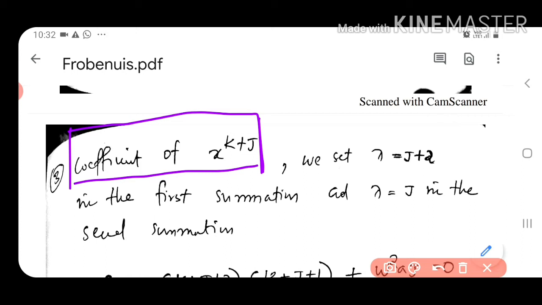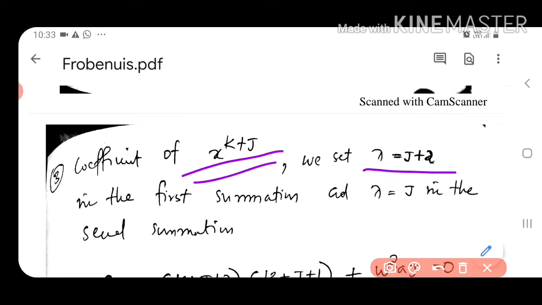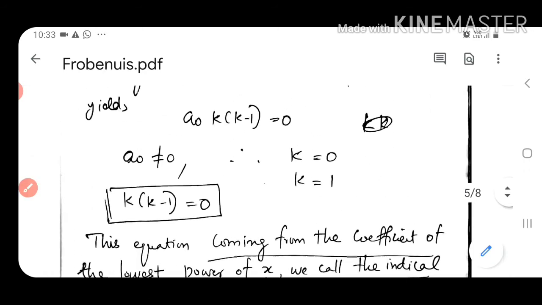Now we are taking the coefficient of x to the power k plus j. That we can obtain by putting lambda equal to j plus 2 in the first summation and lambda equal to j in the second summation.